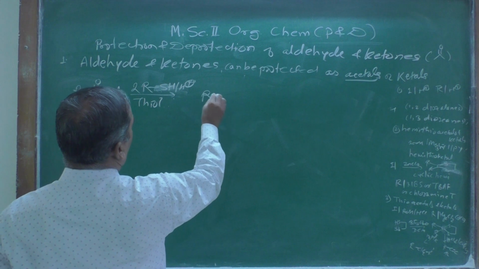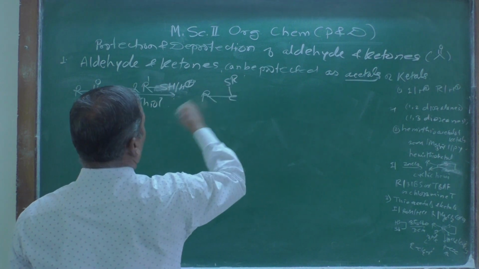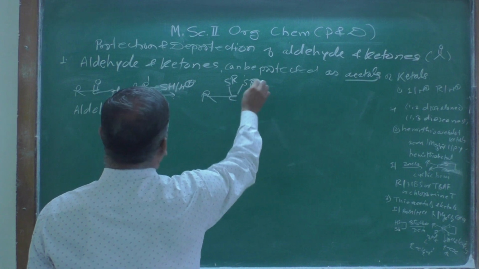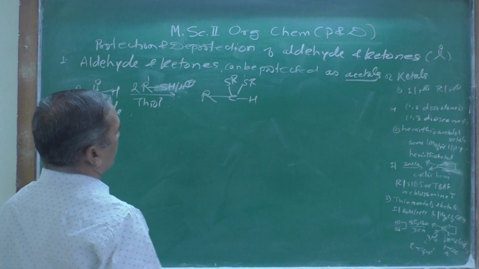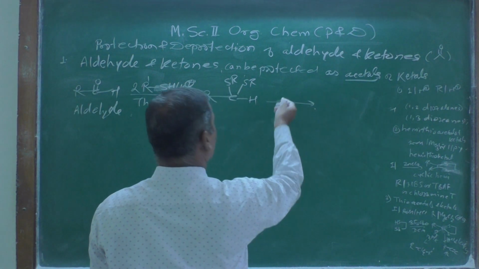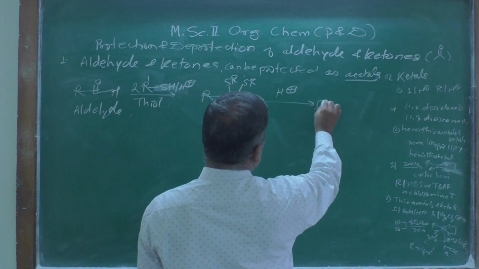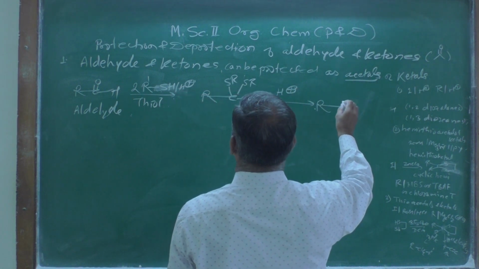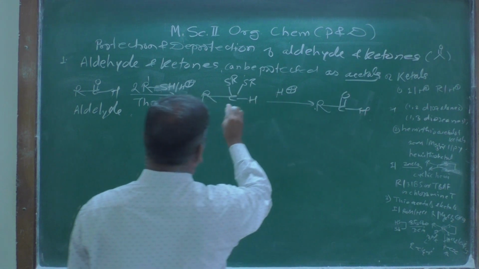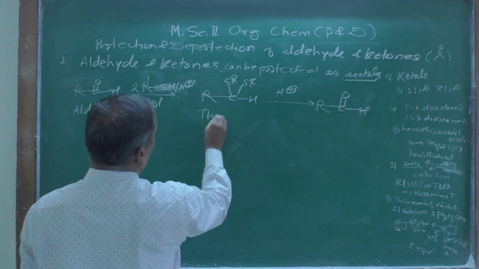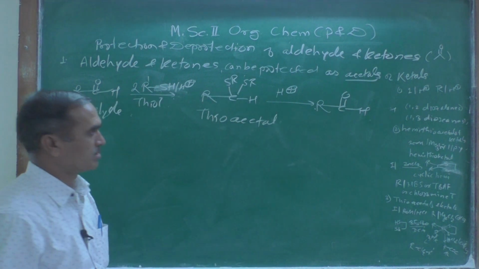Here you are going to get R, then SR', SR', then H. And deprotection can be carried out in acidic medium, and the resulting compound will be formed here, C double bond OH. This is known as a thioacetal.